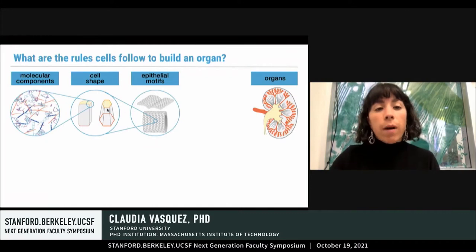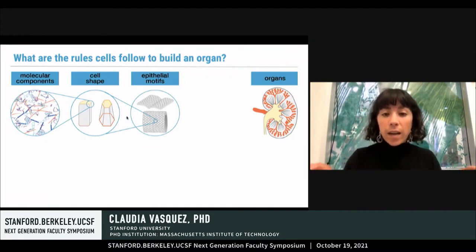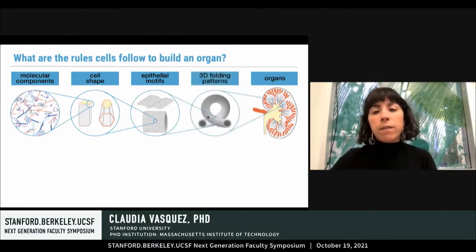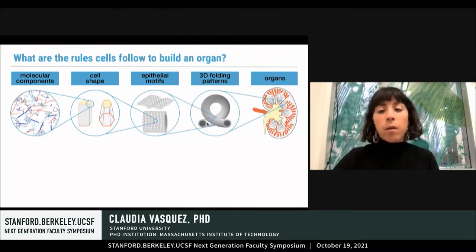And we know a bit about how these cells fit into an epithelial sheet to generate what I call epithelial motifs, these tissue folds or tubes. And these motifs stack together to form these higher order 3D structures, these complex structures. So tubes that fold, for example, to build our organs. And so if we could understand how all of this fits together, then we could really get to this idea of how to build an organ, and that would be truly transformative.